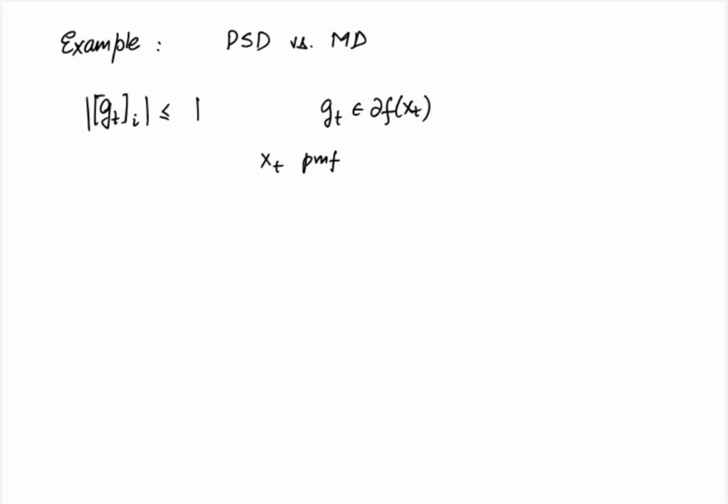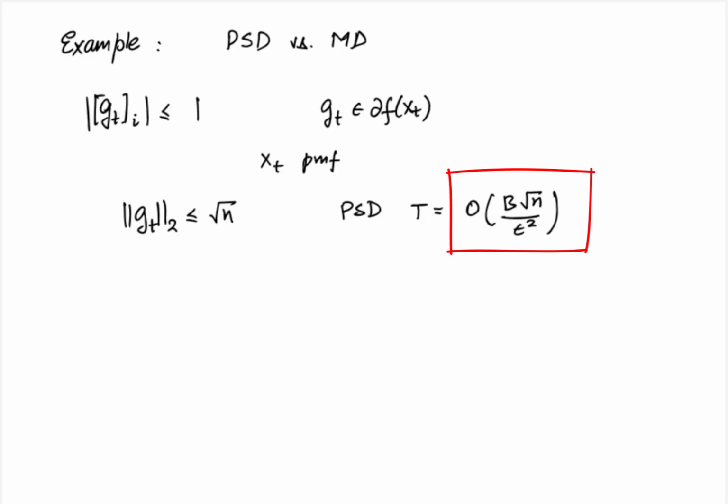Suppose we use projected subgradient descent to solve it. Then since the L2 norm of the subgradient is less than or equal to square root n, oracle complexity of projected subgradient descent will be order b square root n by epsilon square, which is increasing in n, even if b is a small constant.